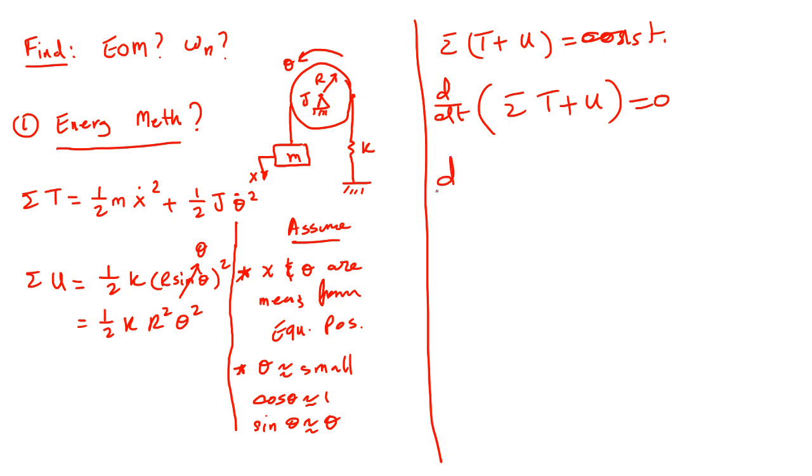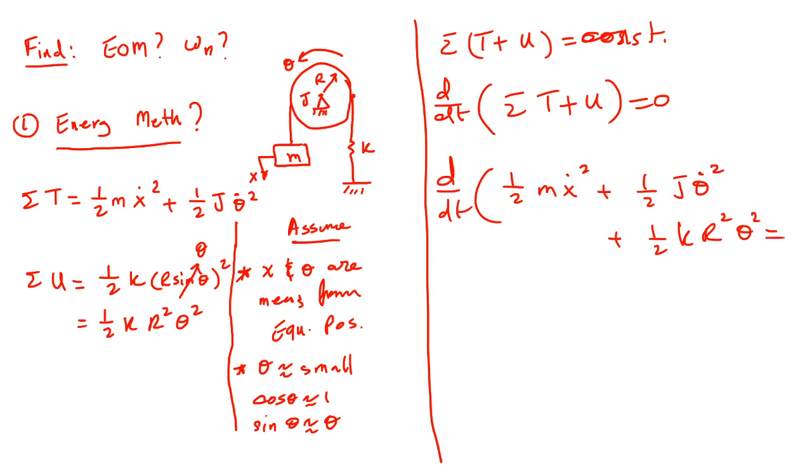All right, so what's the total? We have half m x dot squared plus half J theta dot squared plus half k r squared theta squared equal to constant. Find the time derivative.